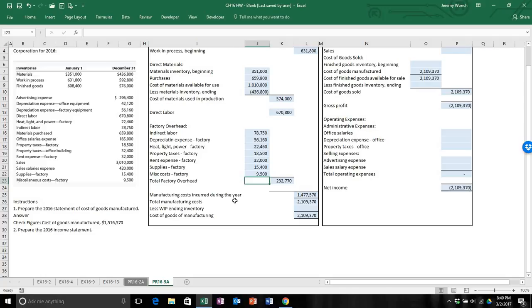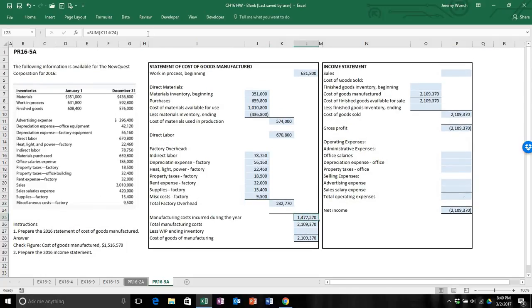So the manufacturing cost incurred during the year, we incurred direct material cost, we incurred direct labor cost, we incurred overhead. It's 2.1 million. And so we have our beginning, we have what was added, then we have to subtract out what our ending inventory was to figure out what was used.